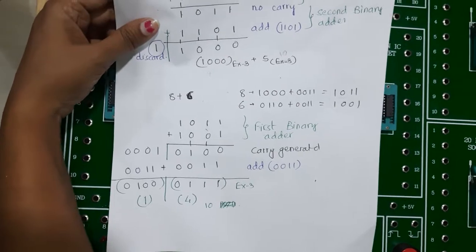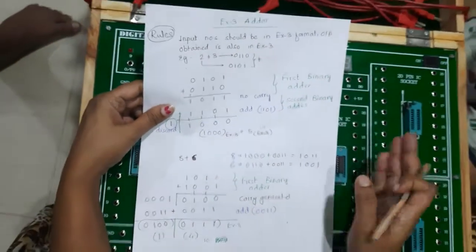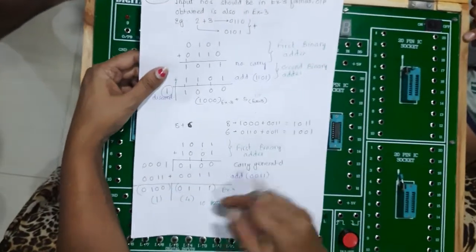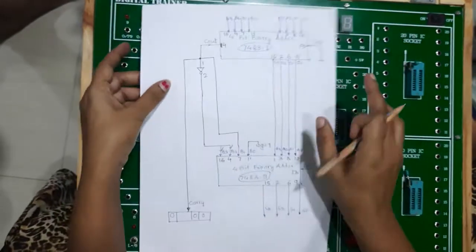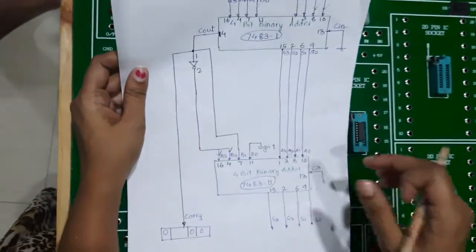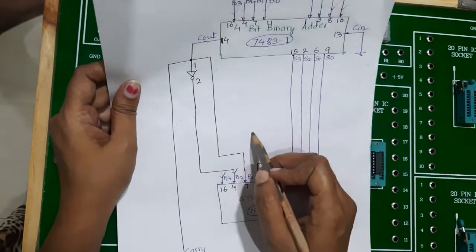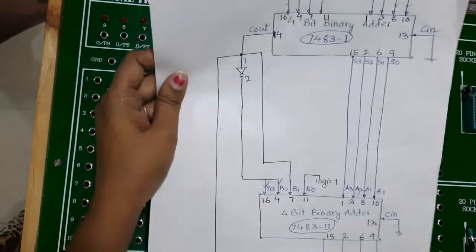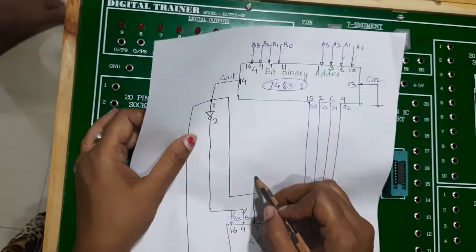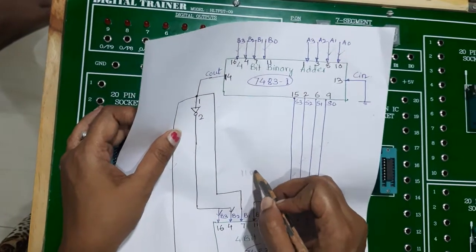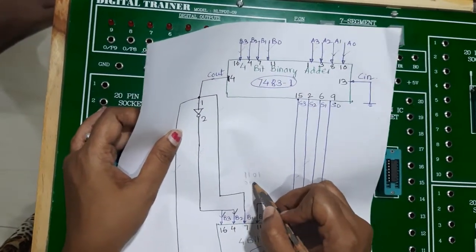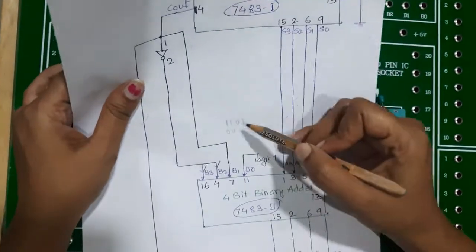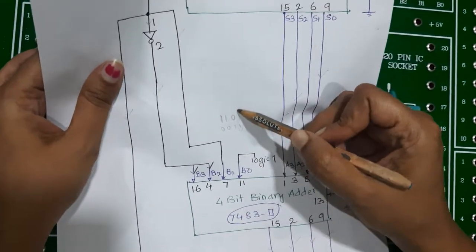Now we have a circuit design here that we have done in the theory part. So this is what the circuit is. We are supposed to add either 1101 or 0011. So what are the two numbers that we have to add? Either 1101 or 0011. This least significant bit is always 1.